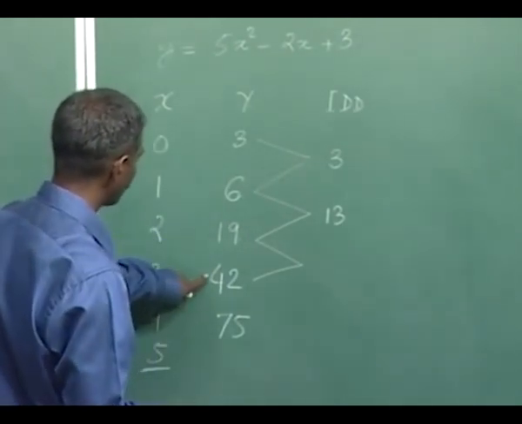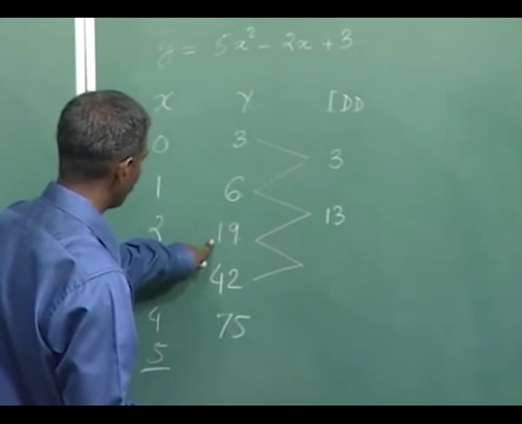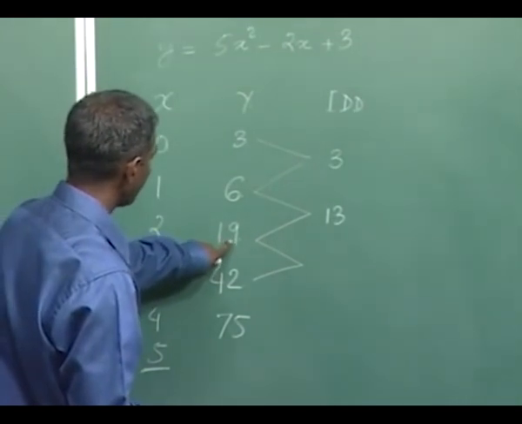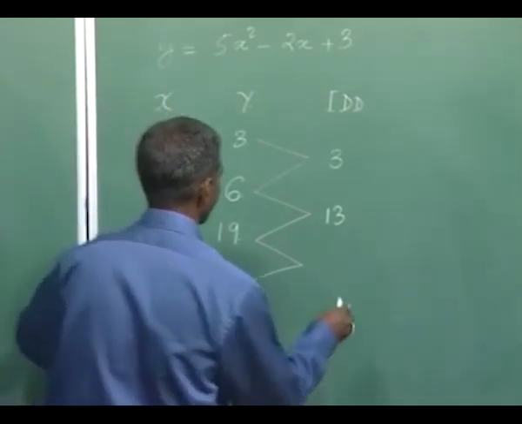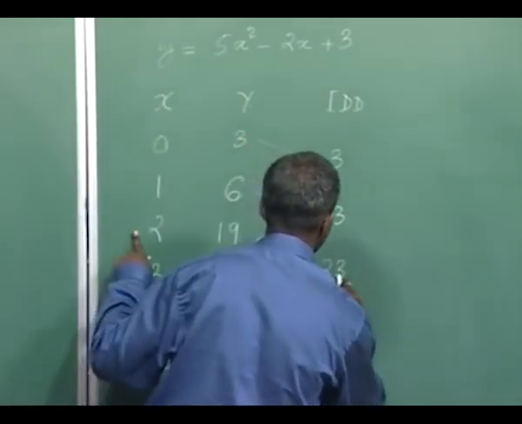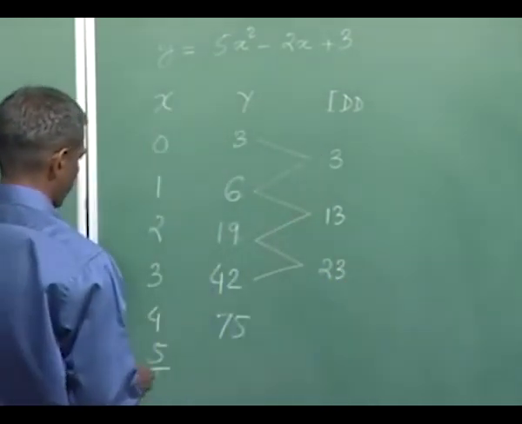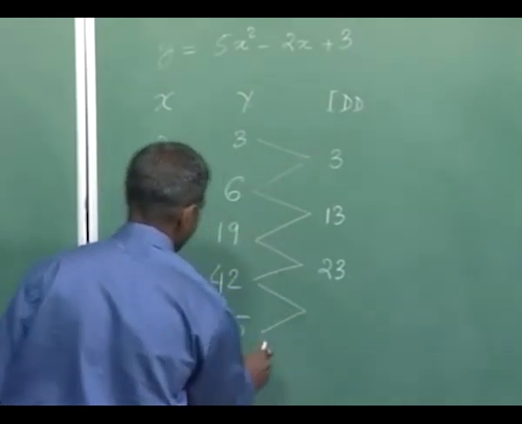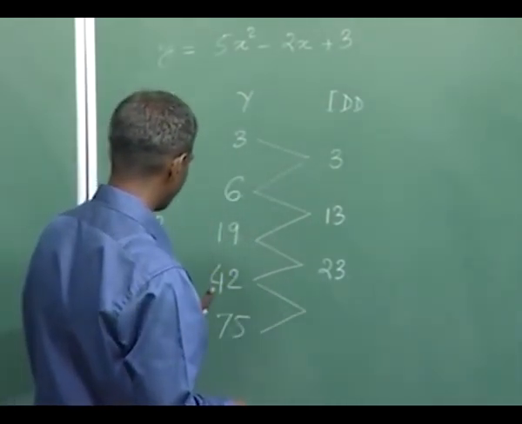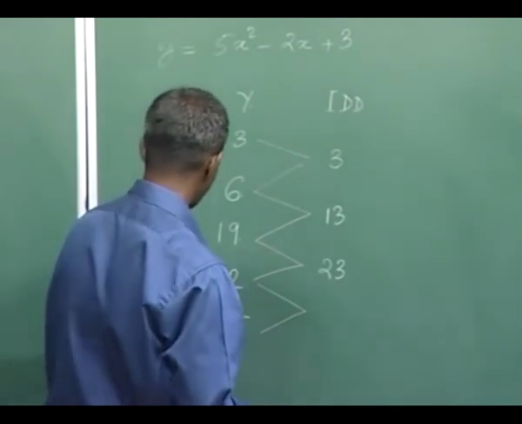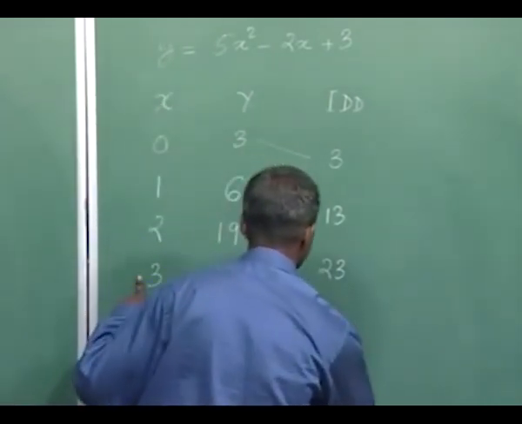Let me compute 42 minus 20, which is 22, and 1 less, which would make it 23. 23 over 1 is 23. Likewise, 75 minus 42 would be 33 over 1. So this is 33.